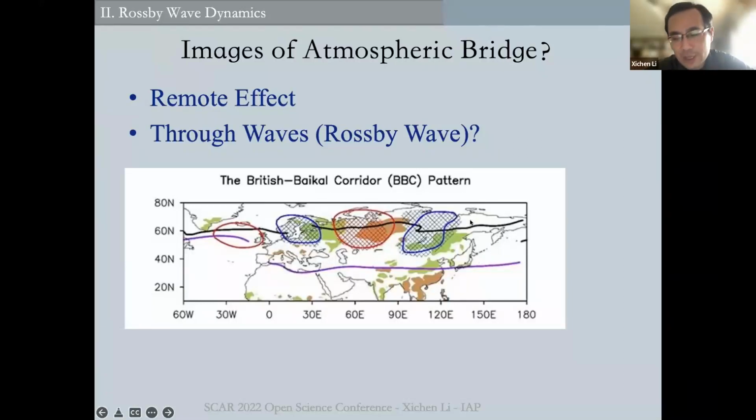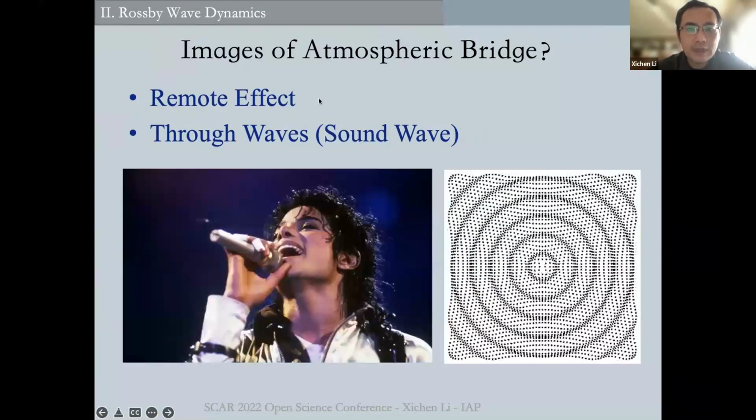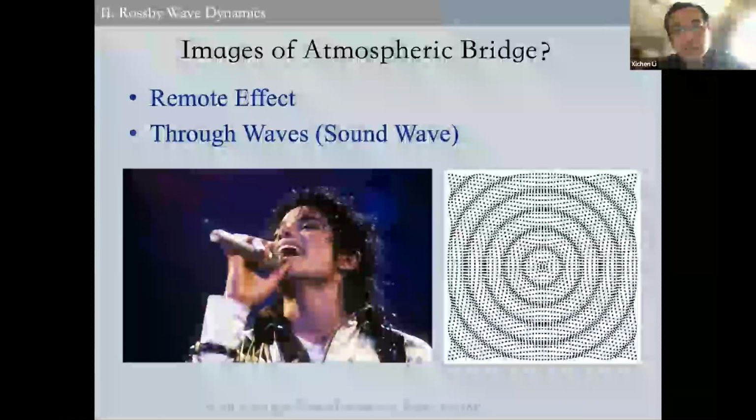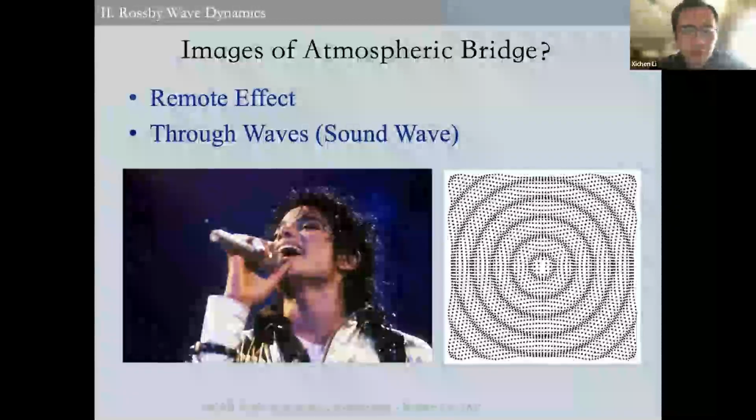So for me, it was too abstract, and many times I felt it could be just a very weak effect, until one day I realized that sound wave itself is an atmospheric bridge, a remote effect.